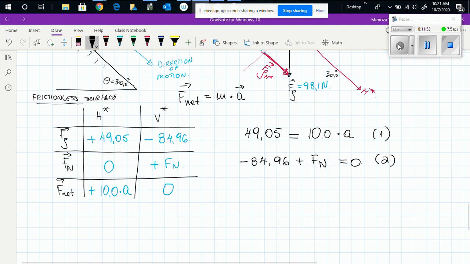This is the second equation, coming from the new vertical axis. Now, this is math. Let's solve from the first equation for a, being 4.91 meters per second squared. And from the second equation, force normal is equal to 84.96 newtons. Question?